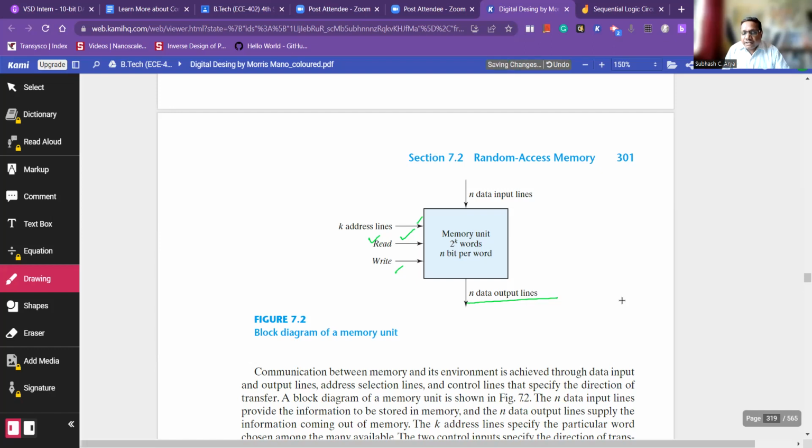When write is enabled, the data available at the n-bit data input lines will be given to the memory unit. The size of the memory unit is 2 to the power k words and n bits per word. So k address lines give 2 to the power k word locations.